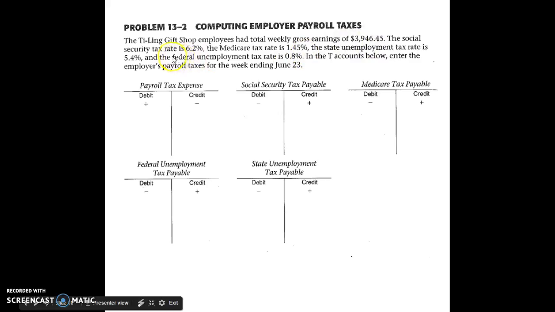So we need to take the calculation of the percentages of all of these different deductions and liabilities. Then the sum of all four of these deductions is going to be the payroll tax expense. This is the salary expense number from the previous payroll transaction. The sum of these four deductions is going to be the payroll tax expense debit.